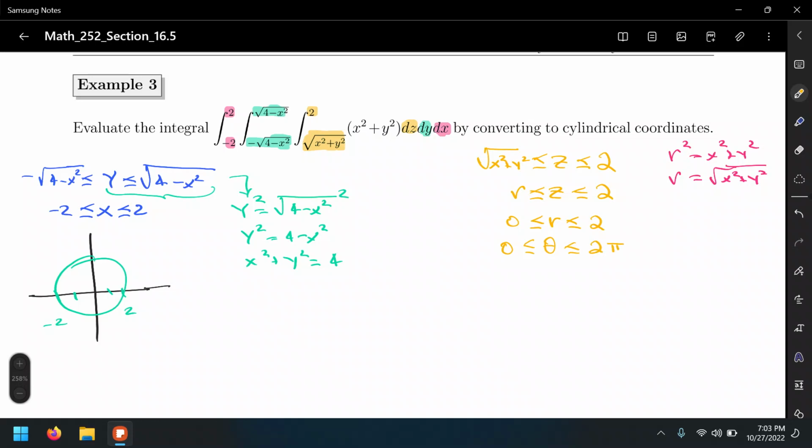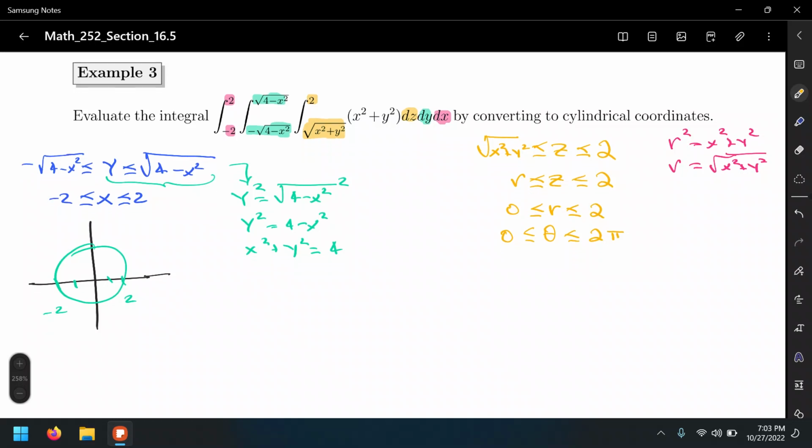You might ask yourself, why is r not varying between negative 2 and 2, even though we have those limits? Here r varies between 0 and 2 for the right side of the circle, but because we're going around the whole circle, you can think of it like an absolute value, if you will. So I think we have pretty much everything ready to set up our integral.